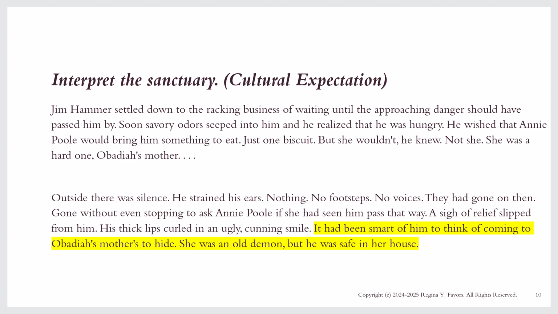I don't know if the killing of someone is premeditated, but knowing where he could go in terms of the sanctuary, that was premeditated. He knew that he could come to this house to hide, regardless of her being an old demon. He knew that he would be safe in her house.